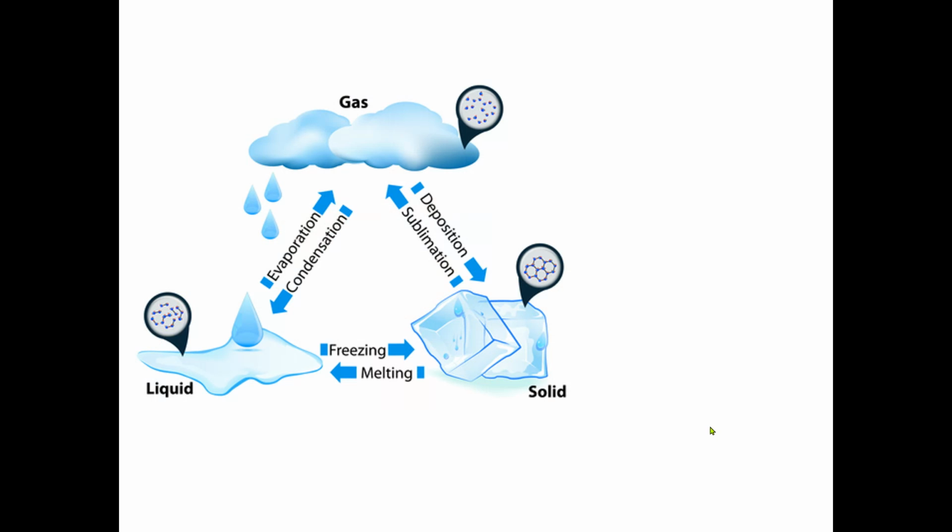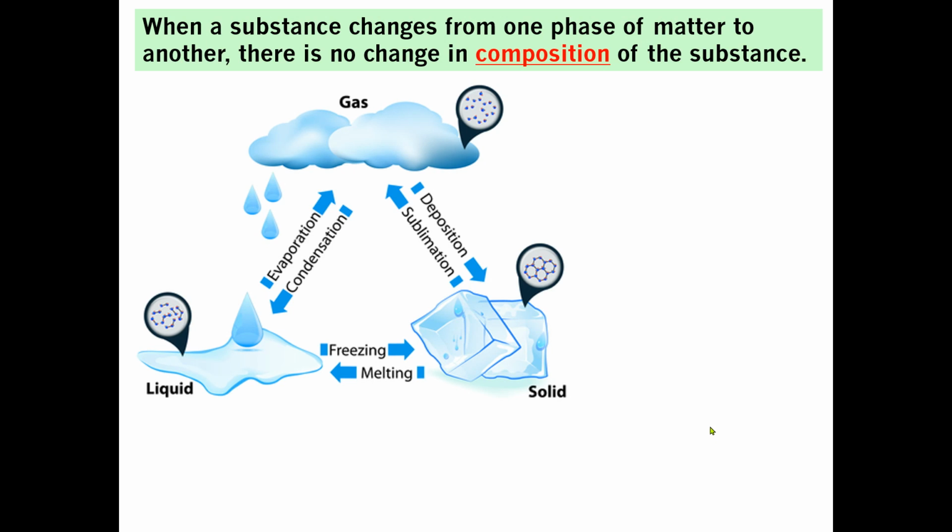So let's review phase changes. When a substance changes from one phase of matter to another, there is no change in its composition. Ready? This right here is ice, but this is still just H2O. It's just two hydrogens and one oxygen, H2O.